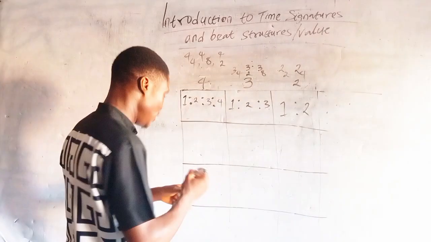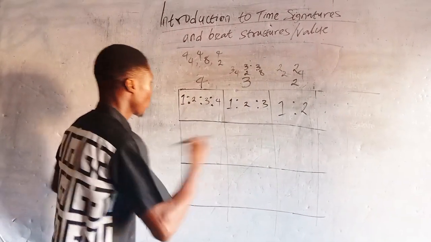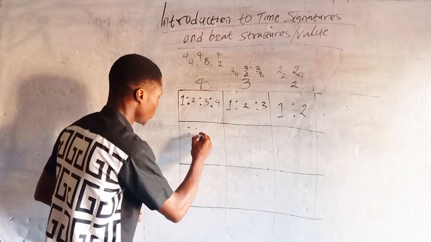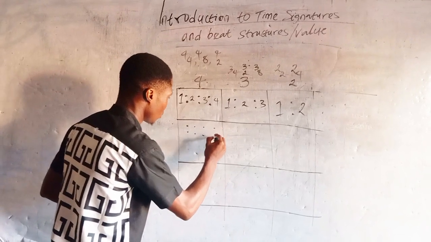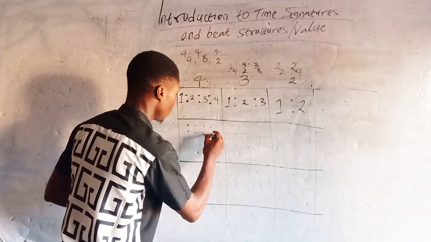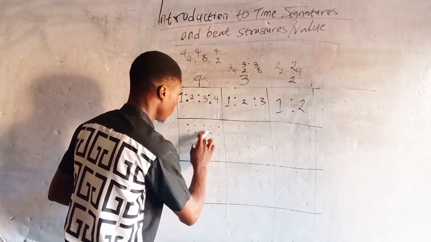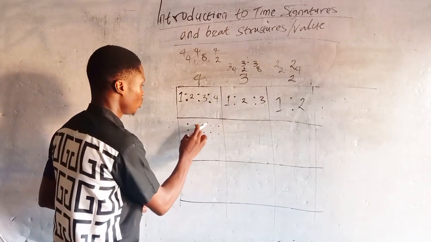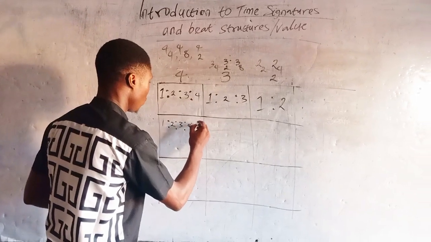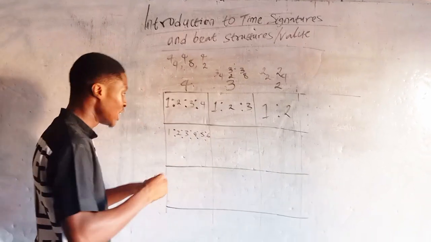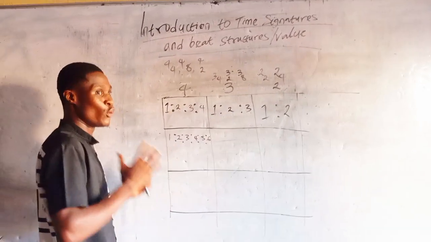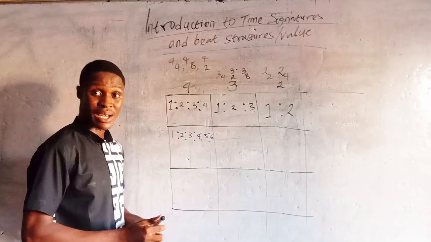Now we can also have 6 bits in the bar. 1, 2, 3, 4, 5, 6. 1, 2, 3, 4, 5, 6. So you see that we need to have 5 full pulse marks in a bar for us to have 6 beats in that bar.